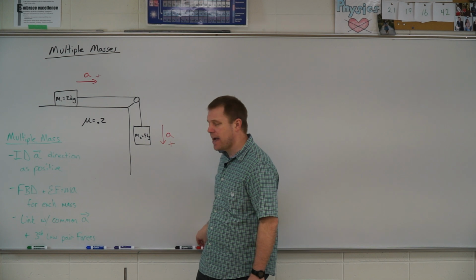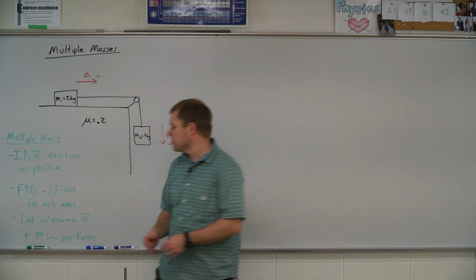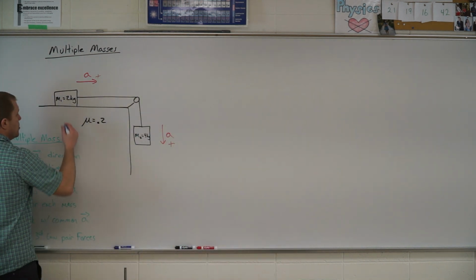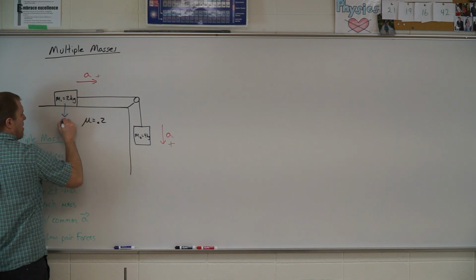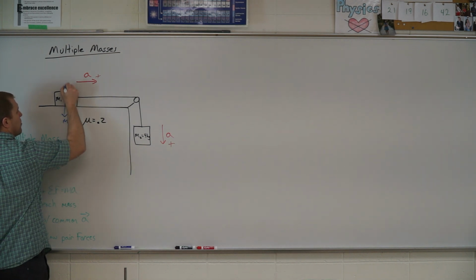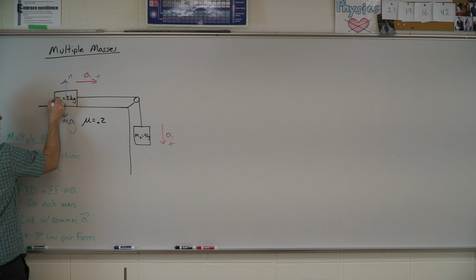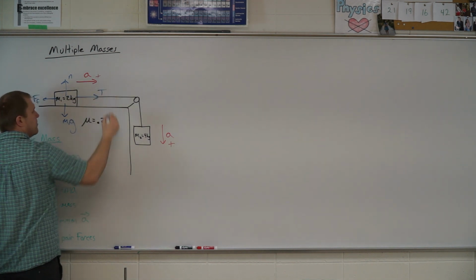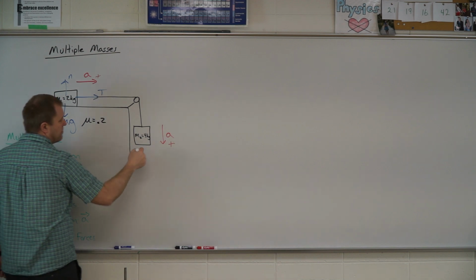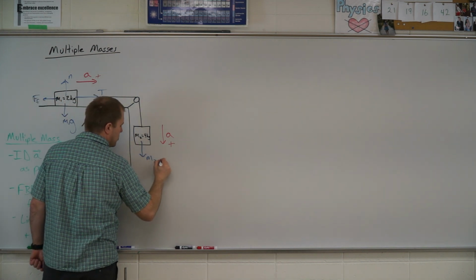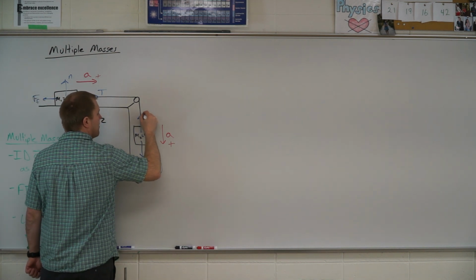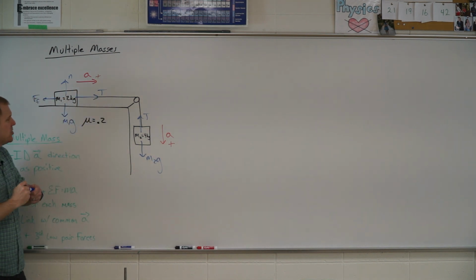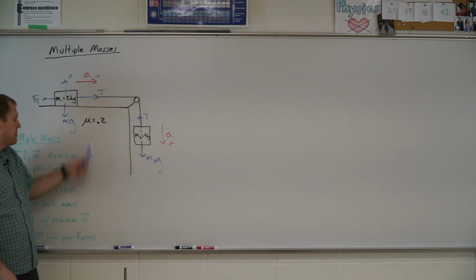So let's draw our free body diagram and identify those forces. On our 2 kilogram mass, I have my M1G, a normal force perpendicular to the surface, a little bit of friction acting on it, and tension pulling it forward. On M2 down here, I have M2G and also tension. This tension is the string that connects them.